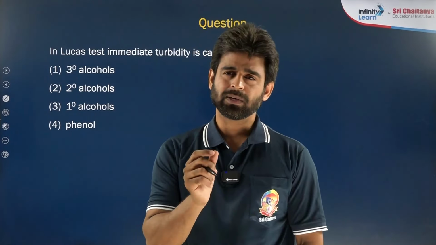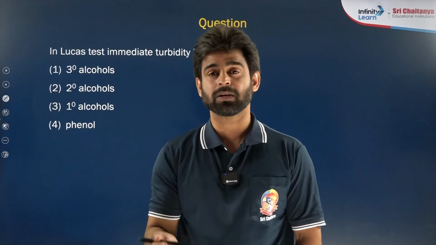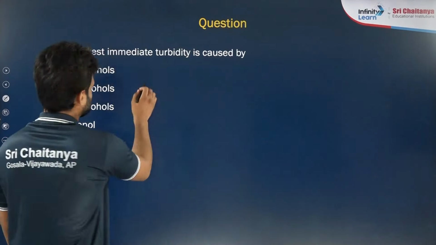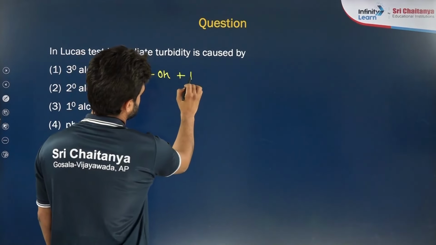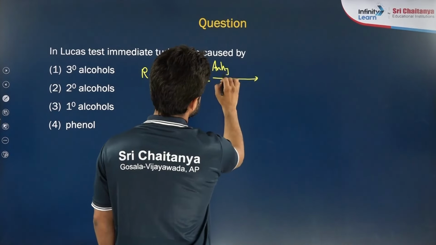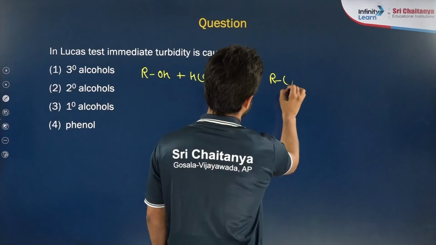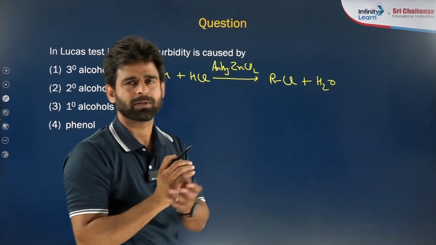minutes back, Lucas test is used to distinguish primary, secondary, tertiary alcohol. Tertiary alcohol is very reactive. For this test, we have alcohol with HCl and anhydrous ZnCl2. It will give RCl plus H2O, which looks like turbidity in water, right?